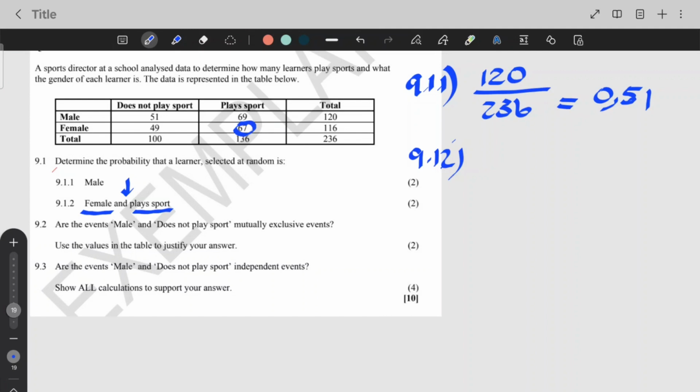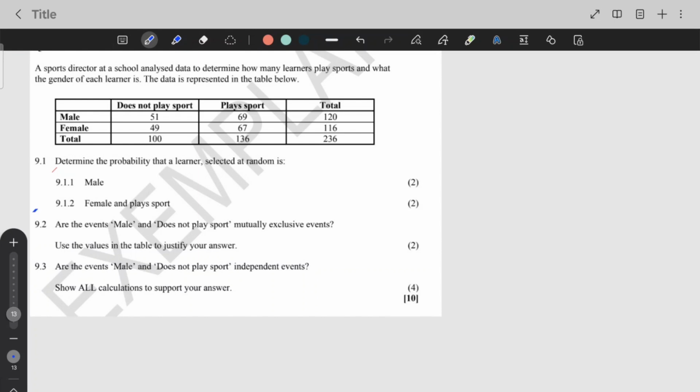This is female and play sports. And there you find this number, 67. So this is 67 over the total number of learners. And as a decimal, that is 0.28. So 2 marks for each of these questions.